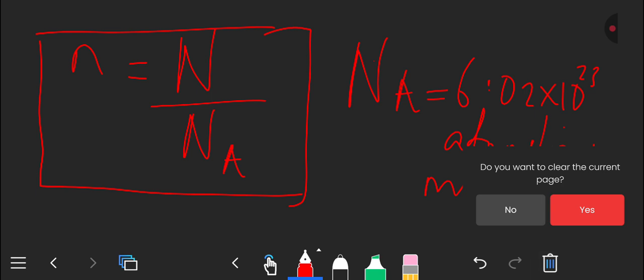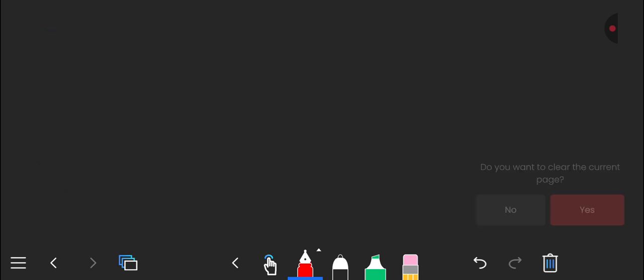Let's look at another definition. We can say that a mole is also the amount of a gaseous substance that occupies 24 cubic decimeter at room temperature and pressure.